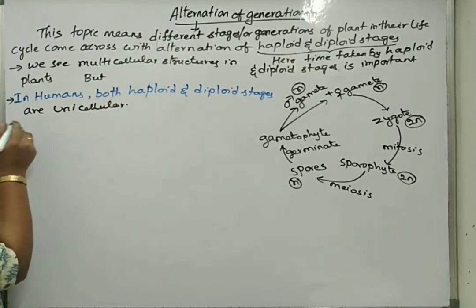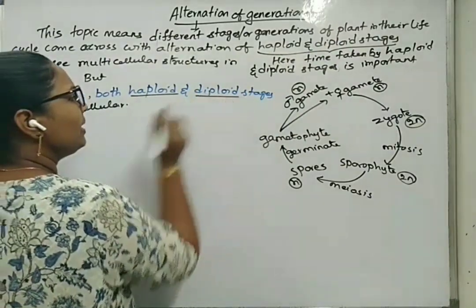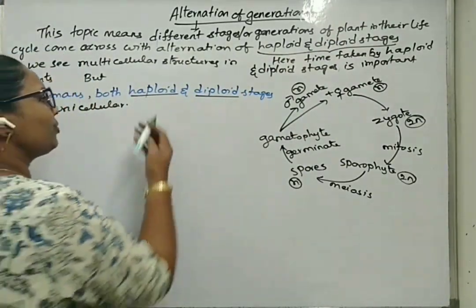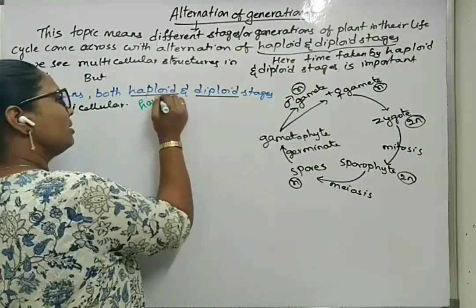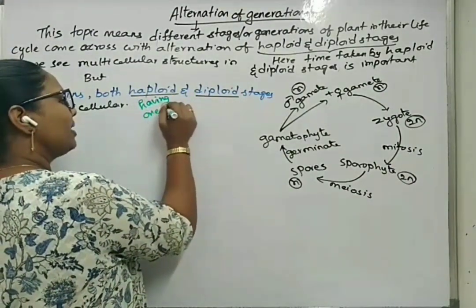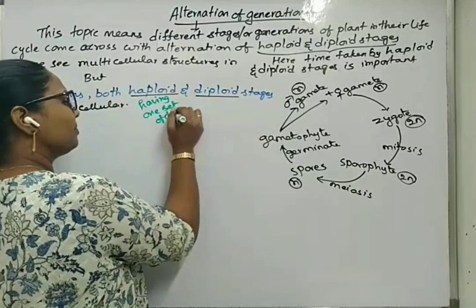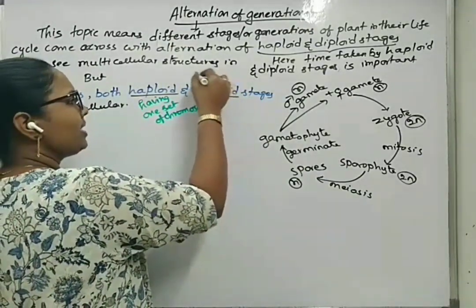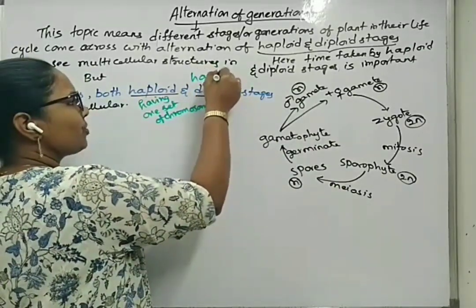So, we will give the meanings of these haploid and diploid stages. Haploid means having only one set of chromosomes. Diploid stages or cells means having two sets of chromosomes.